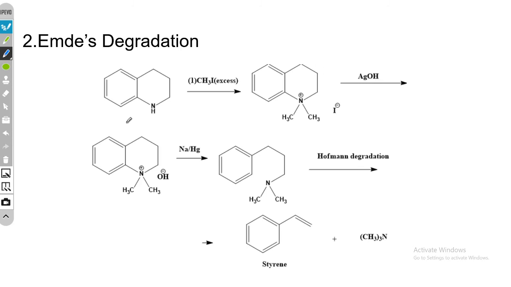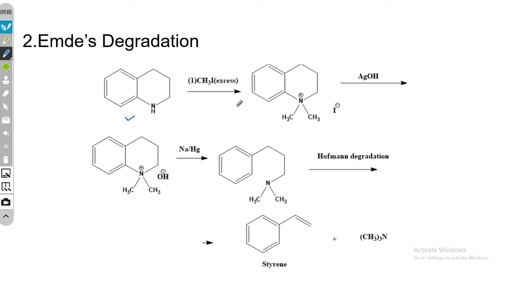Emde degradation is employed to establish the nitrogen linkage in cases where alkaloids do not contain beta hydrogen or do not undergo Hofmann elimination. So we have discussed the difficulty of doing Hofmann elimination for a compound like this, that is tetrahydroquinoline. Okay.